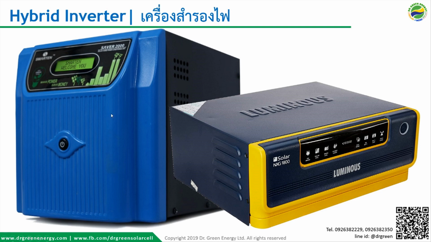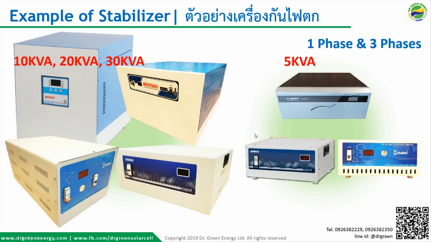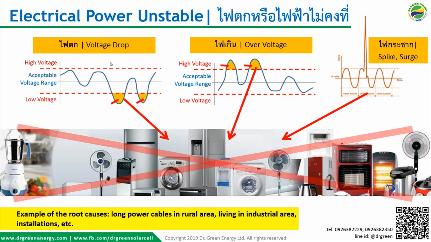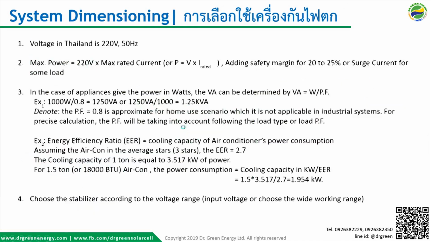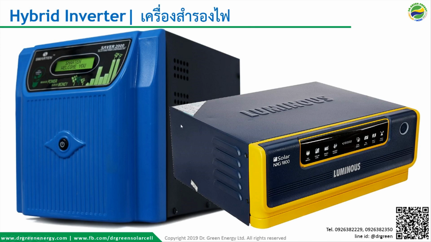So we have shown two solutions, which are the stabilizers, which help to stabilize the voltage to prevent the possible voltage drop and also over voltage from the incoming grid power. And also, if the grid power has an outage, you can still use these to back up the power for your appliances.